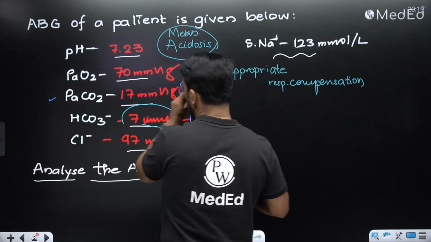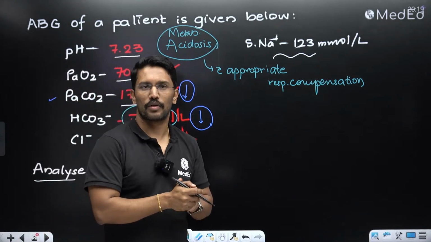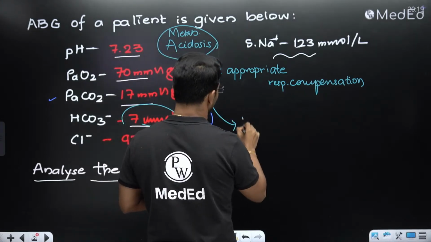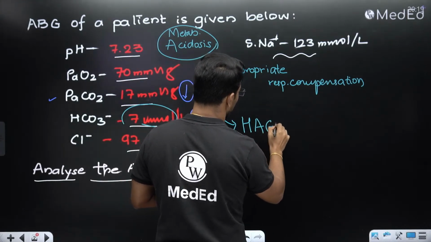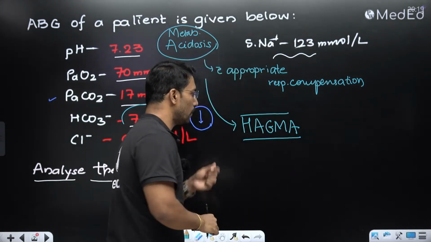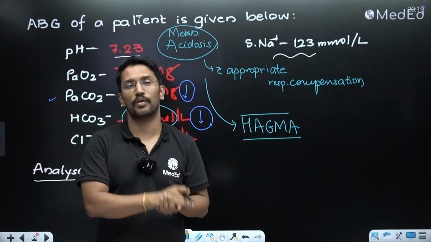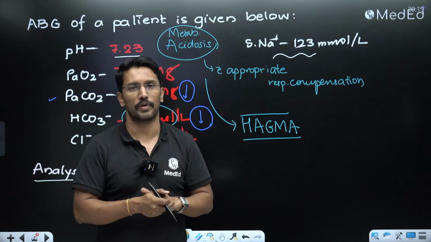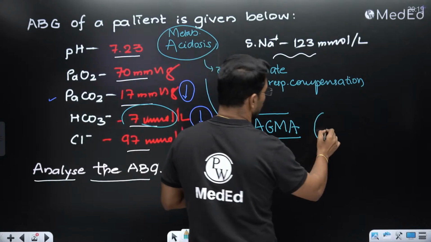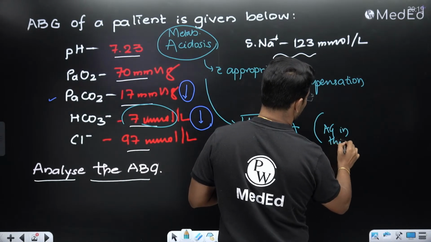Then because this is metabolic acidosis, we calculated the anion gap. Anion gap turned out to be 19, which is on the higher side. So we called it high anion gap metabolic acidosis. Once we have a high anion gap metabolic acidosis, to see if it is a combination of high anion gap and normal anion gap metabolic acidosis or just pure high anion gap metabolic acidosis, we calculated the delta gap.